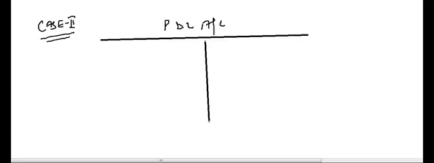What we have in the profit and loss account now, we have a loss of 15,000. So we'll write here to loss 15,000. No interest on capital is to be paid. Clear? So this loss will be directly transferred to partners' capital accounts.